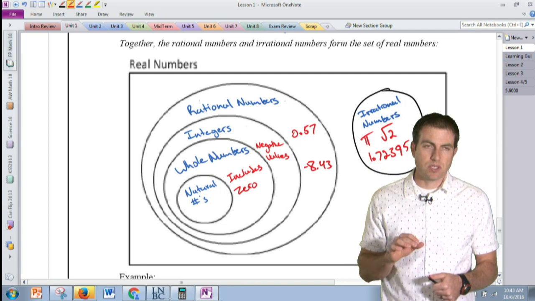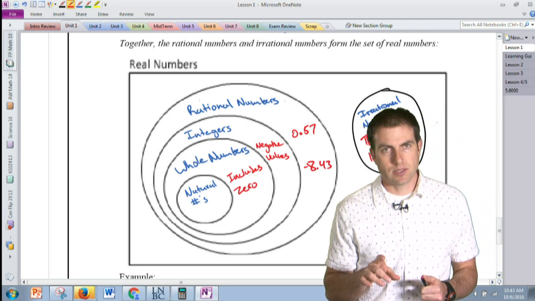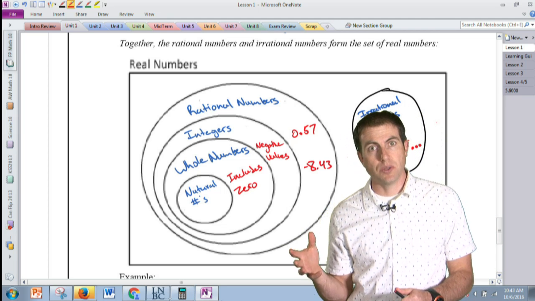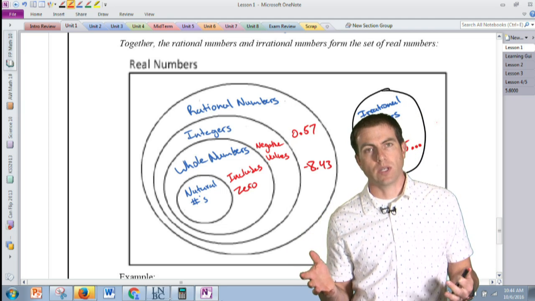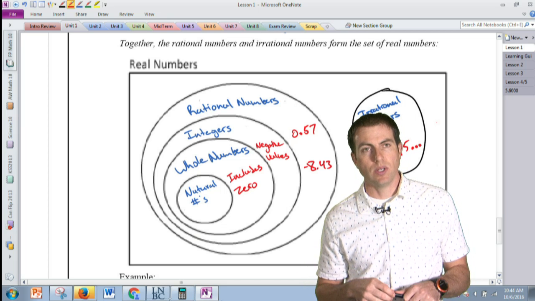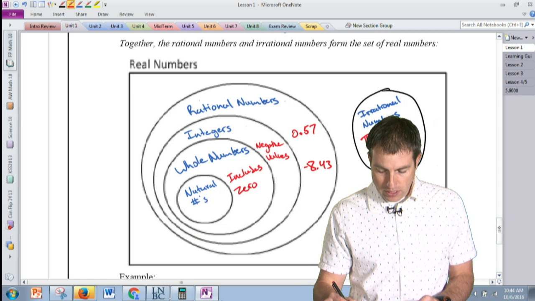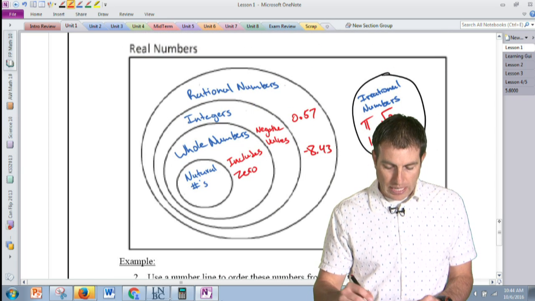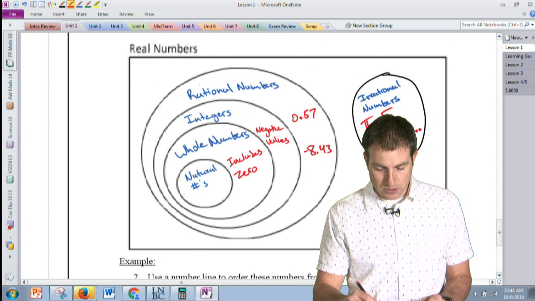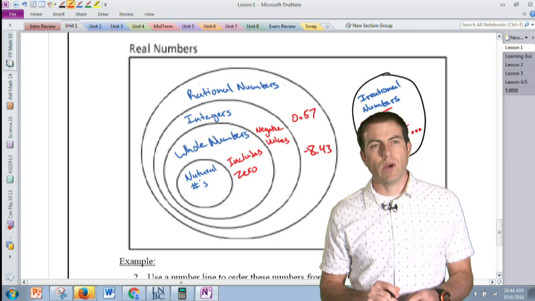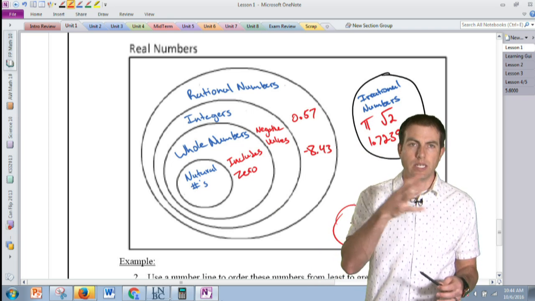Now, the real number system gets really tricky because if I ask you to identify what category a number falls into, it can fall into more than one category. For instance, if I said classify the number 7, where would 7 go in this diagram?